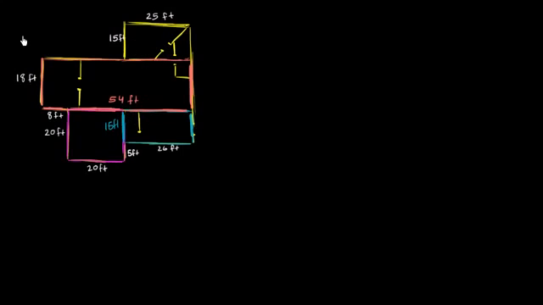And then finally, we have one last rectangle to deal with. This rectangle right over here is 15 feet long and 25 feet wide. And now we can calculate the areas of the different rectangles. The total area is going to be 20 feet by 20 feet, so 20 times 20, that's this area right over here.